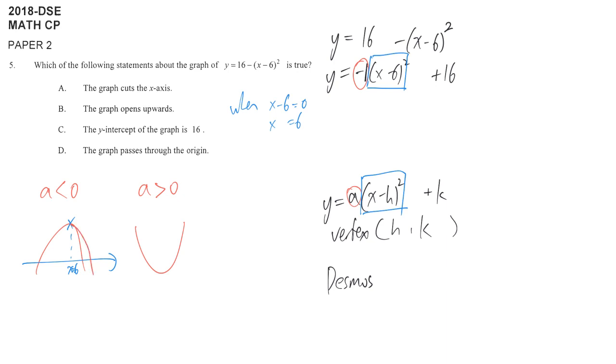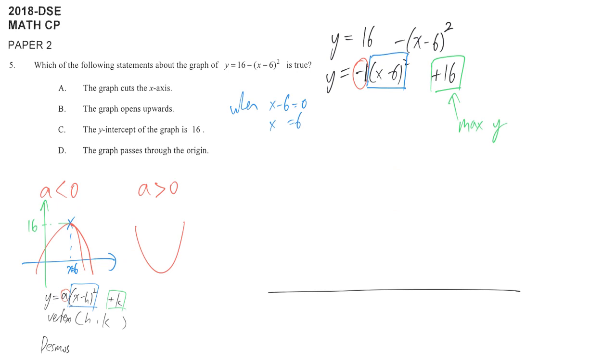They also give us the y coordinate, which is the maximum possible y. Any other x input will make the height lower, but its maximum height is 16.